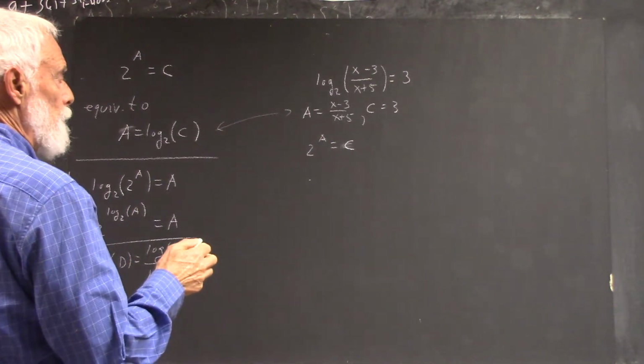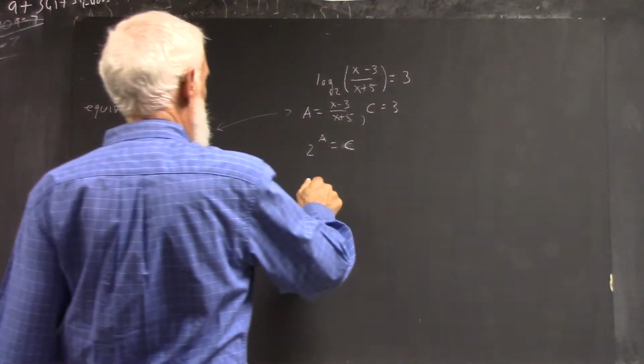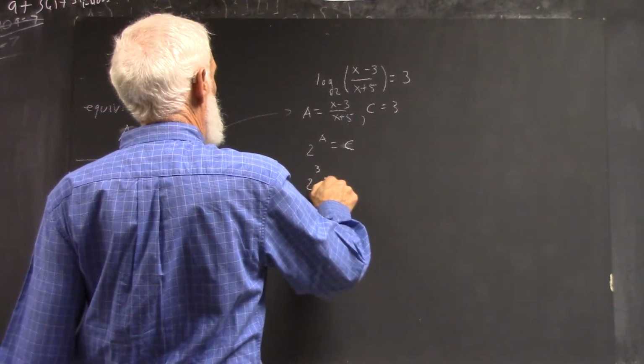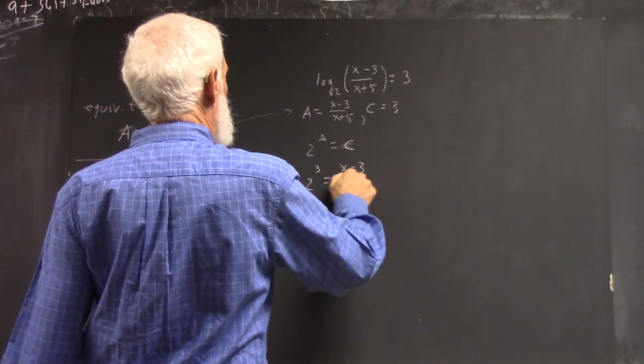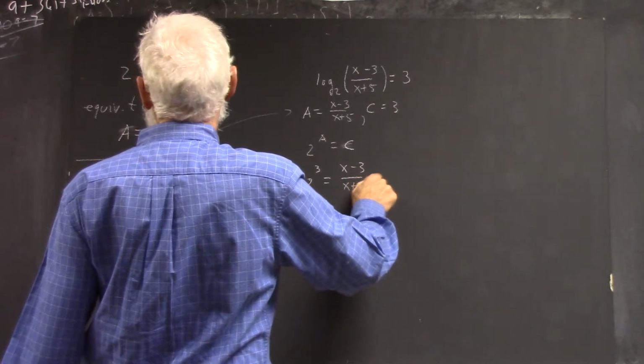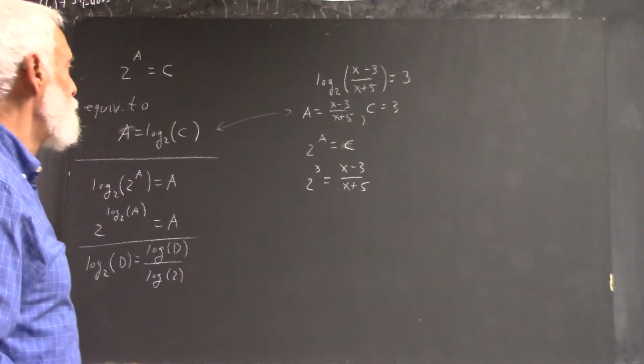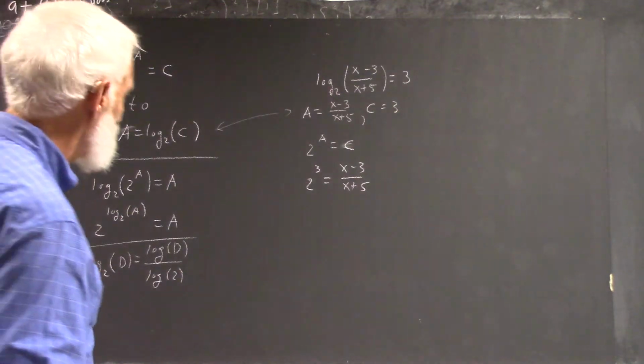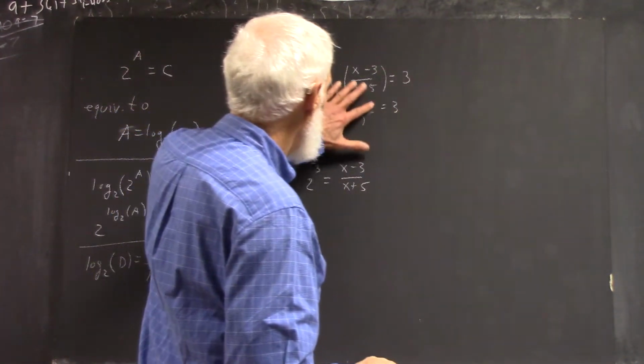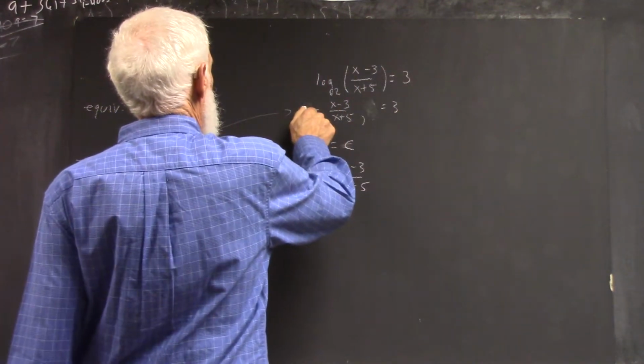I'm wrong here, because what I should be getting is 2 to the third equals x minus 3 over x plus 5. And yeah, I got my A and my C backwards. I can't do clerical stuff.